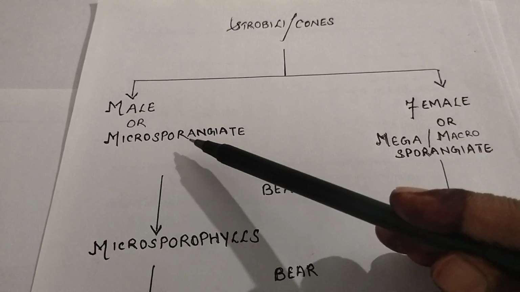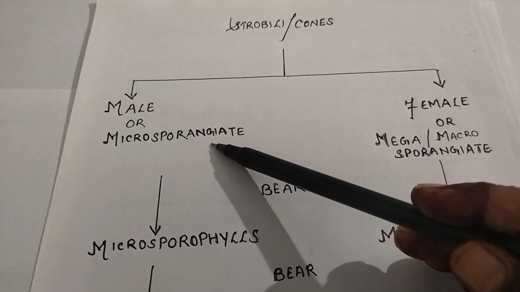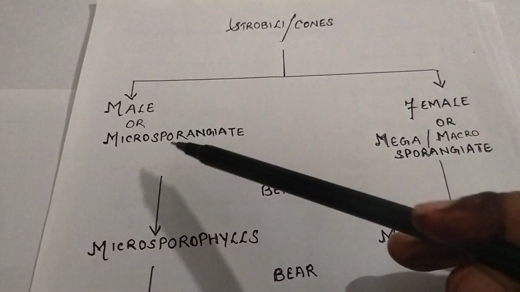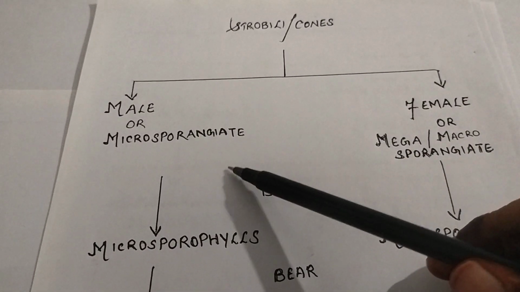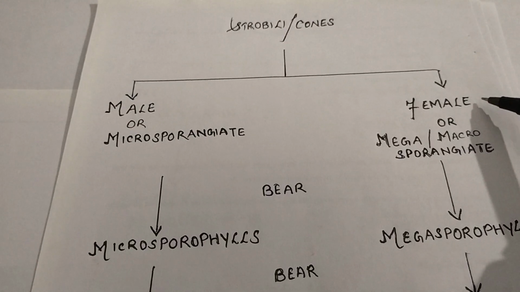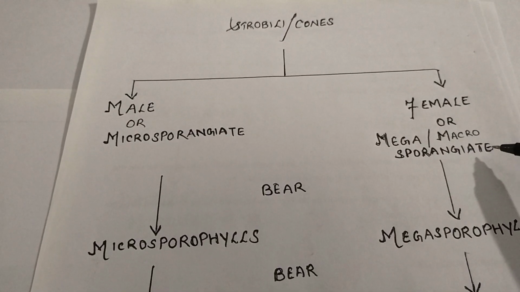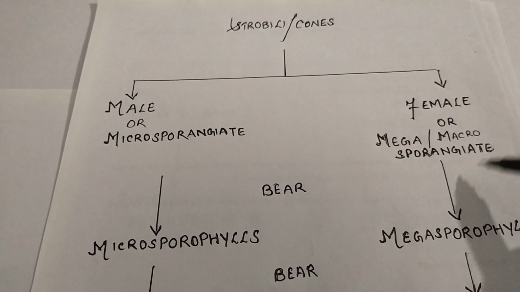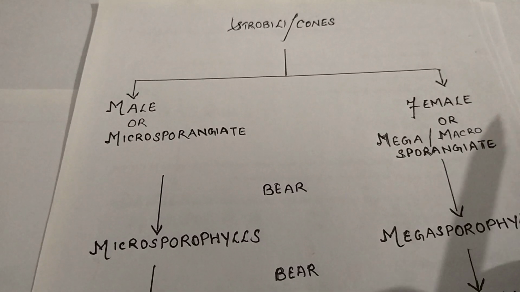Male cone or male strobili is called microsporangiate, and female cone or female strobili will be called macro or megasporangiate. Okay, macro or mega.